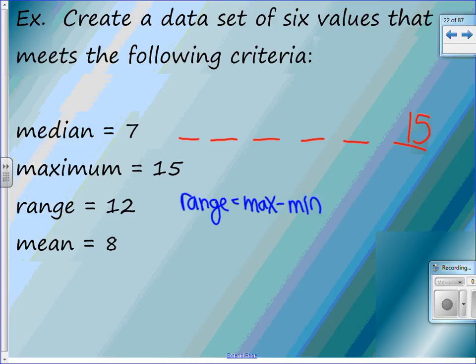So if our maximum is 15, and our range is 12, you have to ask yourself, 15 minus what number is 12? And yeah, we get 3. So that means the youngest kid in this family is 3. So we can fill that in here. So far, we have 2 of our ages of kids in the family.